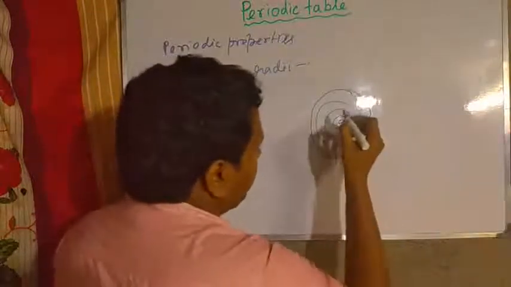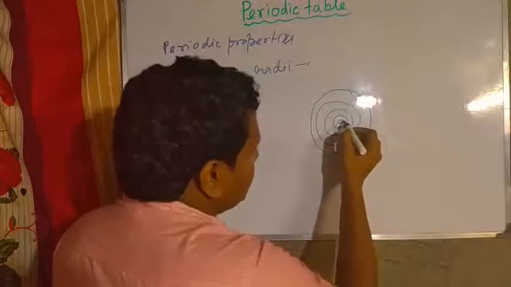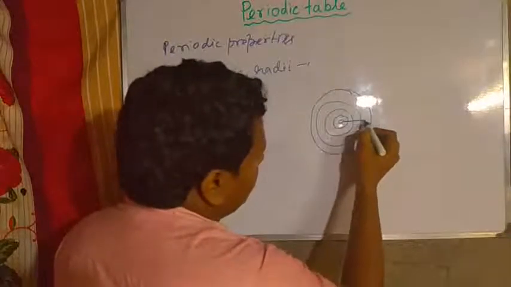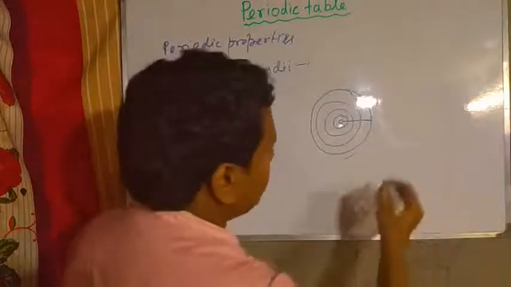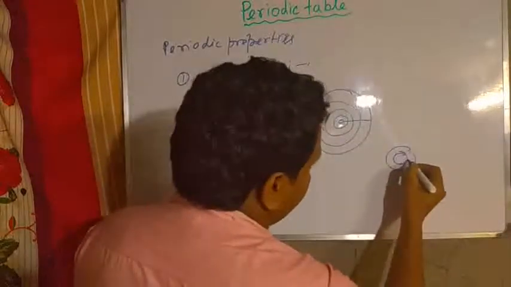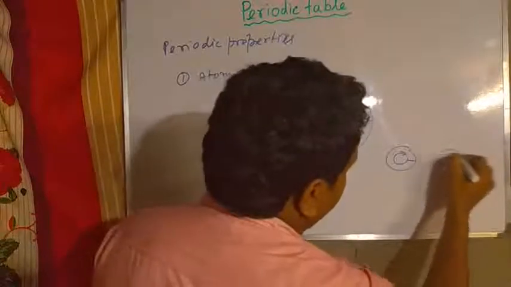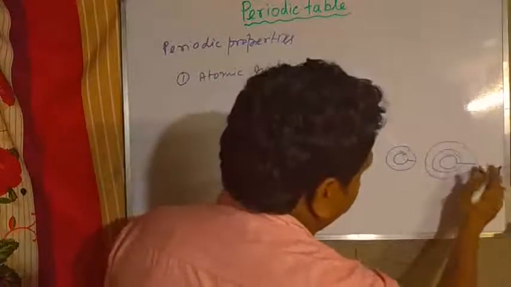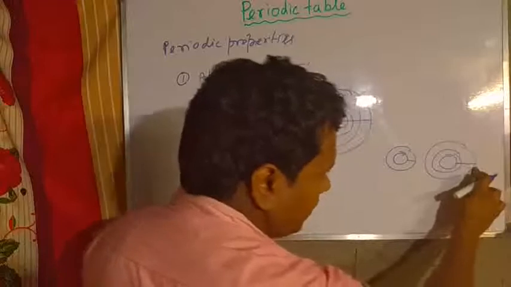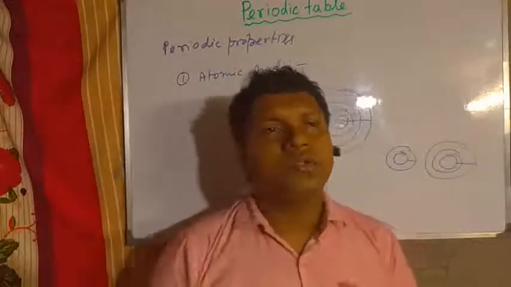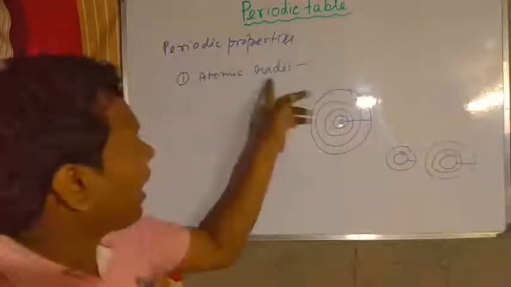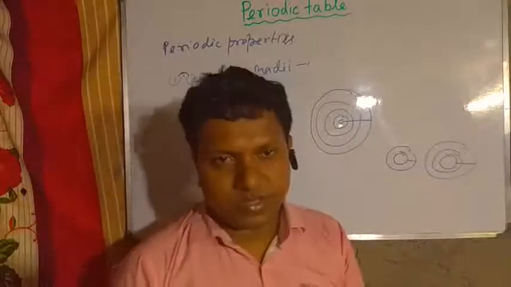Okay, for this atom, this is the outermost shell. So the distance between the nucleus and the outermost shell is called the atomic radius.